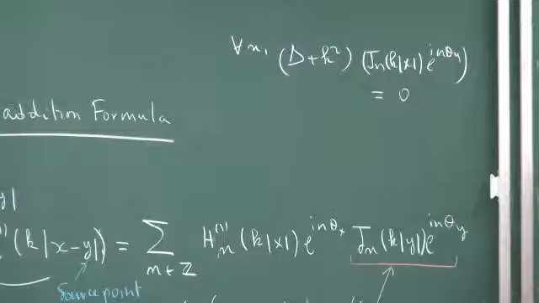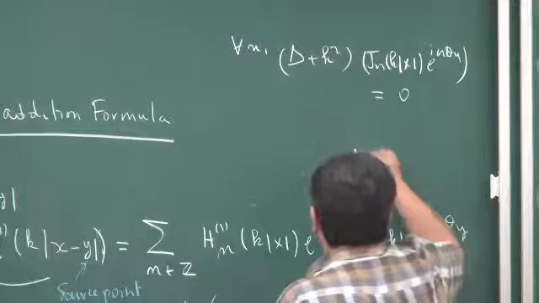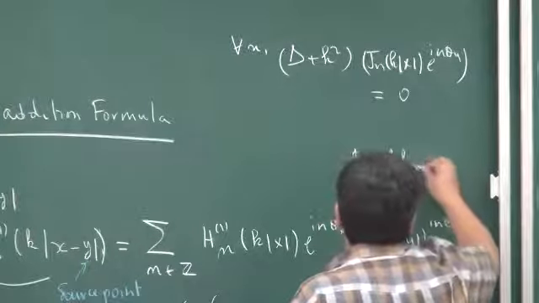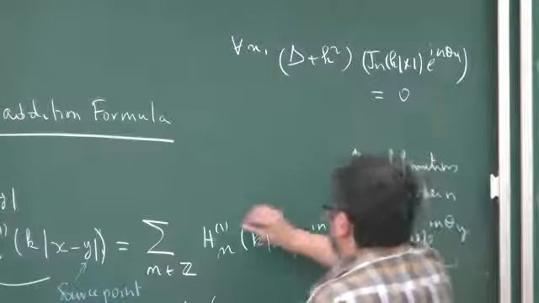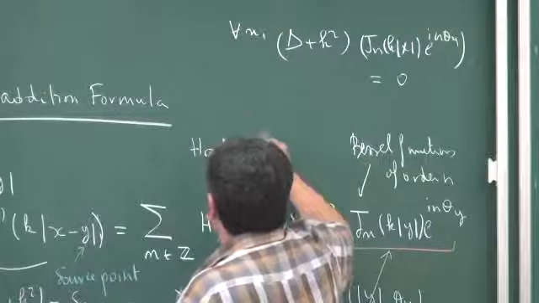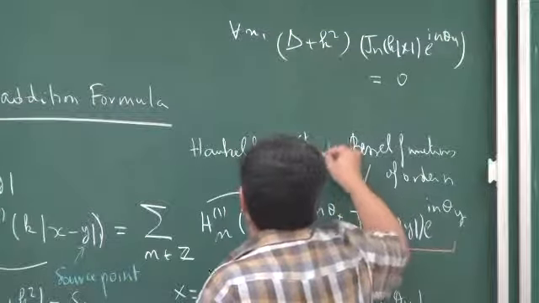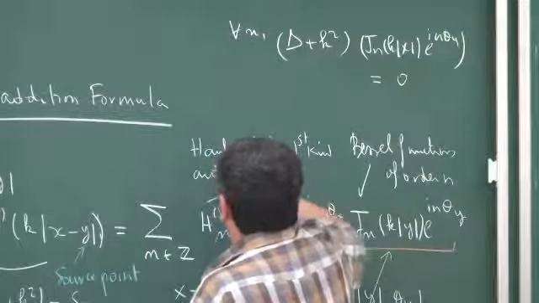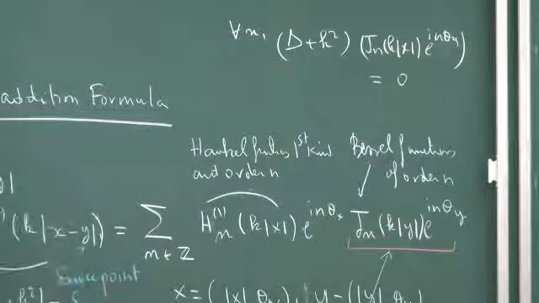Jn is the Bessel function of order n, and these are Hankel functions of the first kind and order n. For n equals 0, it's nothing else than H10.